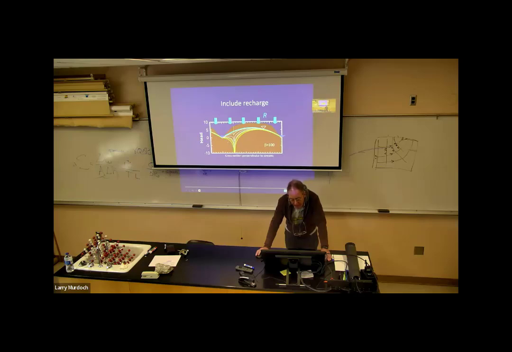One of the things too that can happen is that streams are lined with lower permeability material. There's some lower permeability material in the stream bed that tends to disconnect the stream from the aquifer. And here's an example of the heads that occur when that happens. What you see is that the drawdown from the well can extend underneath the stream, and you could have an effect of the well over here on the other side of the stream.